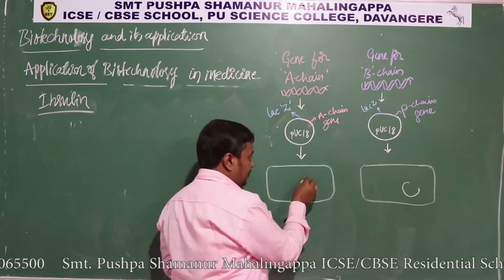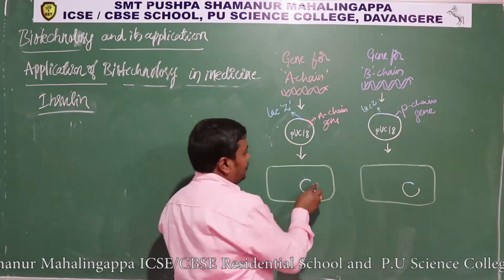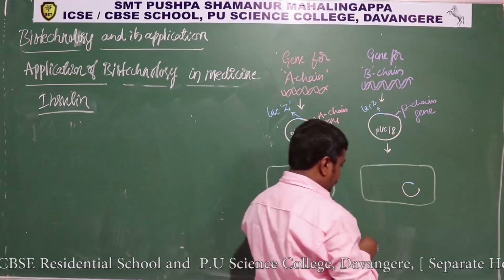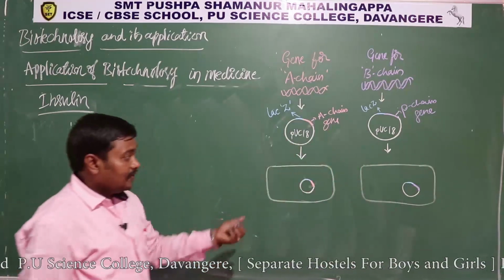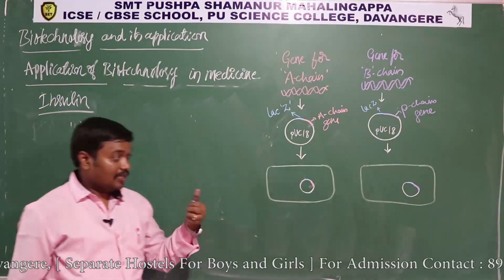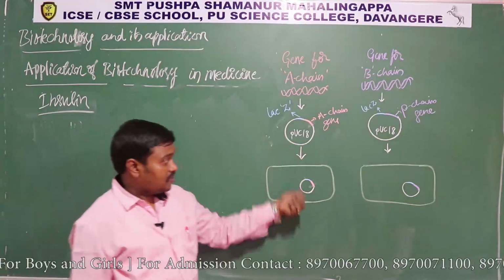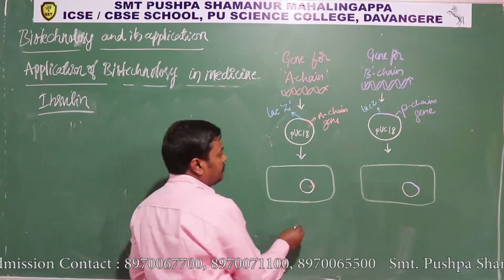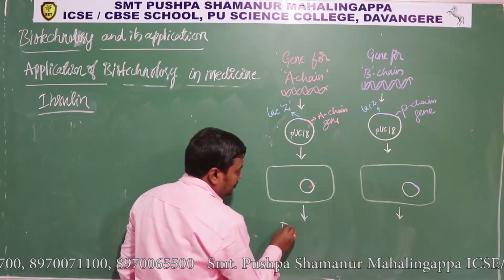Now that plasmid consists of the LAC-Z gene, which produces beta galactosidase, and the A chain gene and B chain gene separately. Okay, now this is recombinant bacteria. So how to introduce this, you know well from the last chapter that either by using electroporation or by using the heat shock method we can introduce this. Later, after selecting the transformants, these bacteria can be grown in bioreactors.